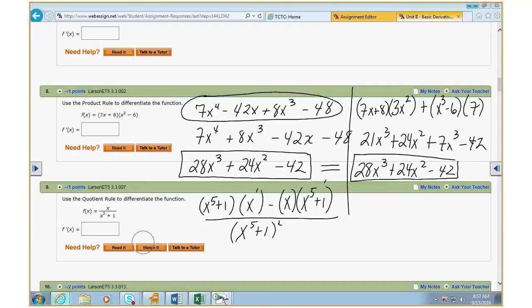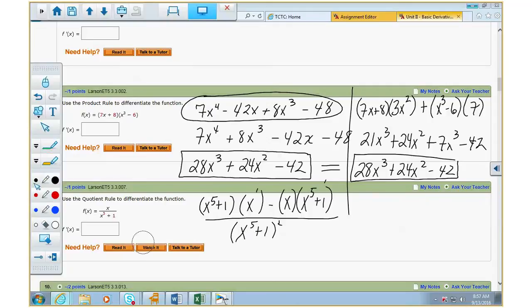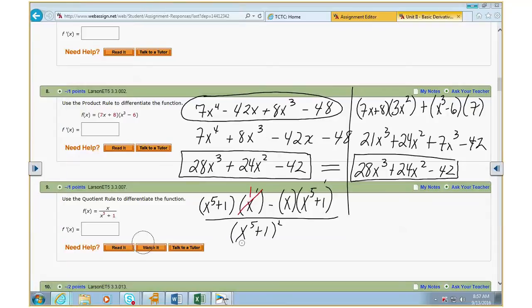Okay, what's the derivative of that? Yeah, thank you. So that's 1. And the denominator prime is 5x to the what?